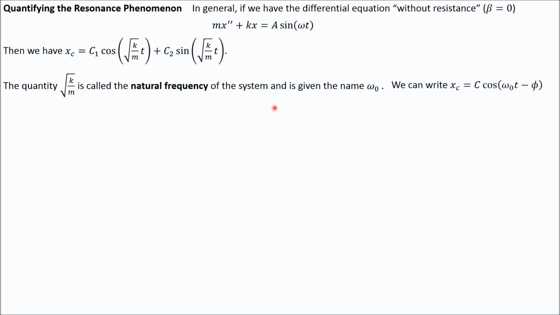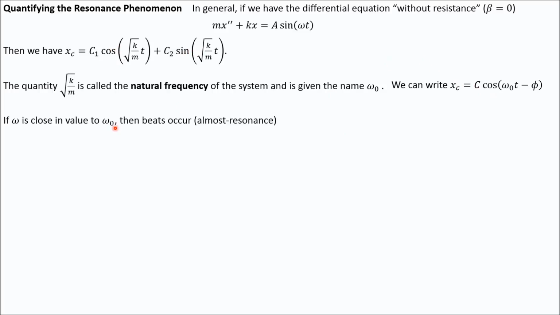And if you apply the trigonometric identity for combining cosines and sines, you can combine them into a constant times cosine of omega naught t minus phi. So that's the complementary solution, and you can rewrite it this way if you choose.